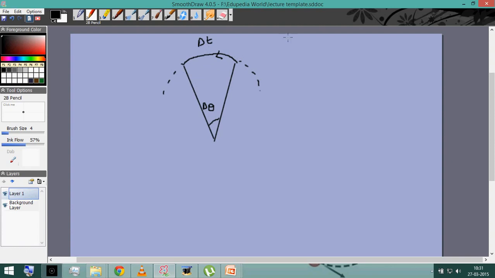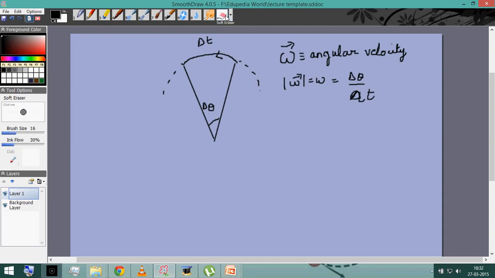So if the particle covers an angular distance or an angle of delta theta in a time interval of delta t, then omega is called the angular velocity. And omega has a magnitude equal to delta theta by delta t.